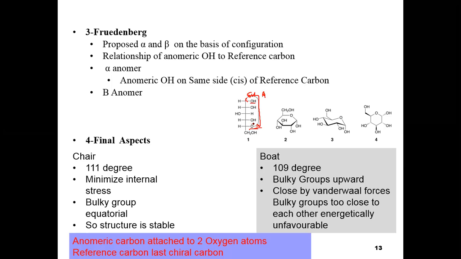If the hydroxyl groups of both of these are on the same side, then the anomer will be the alpha anomer, and if the hydroxyl groups of both will be on opposite sides, one on this side and the second on that side, it will be the beta anomer.